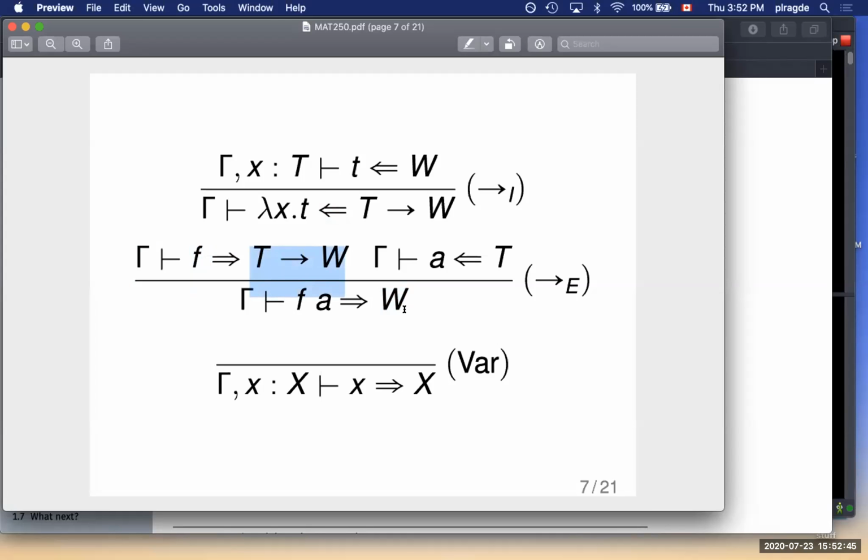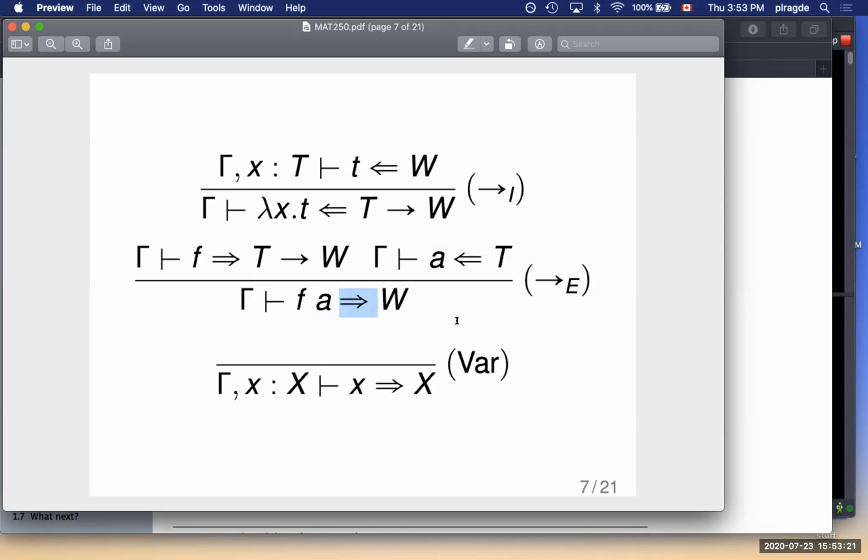Because when we apply it, it's got to produce a W. So that forces this. We don't know what the type of A is. There's not enough information here. So synthesis will get us the value of this T, and then we can use that in checking that A has type T. And that is implication elimination expressed as synthesis.